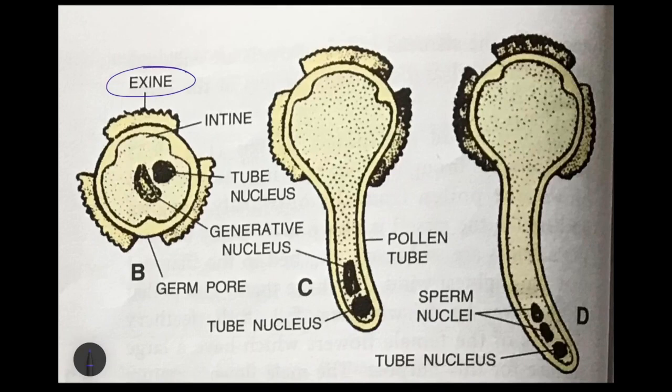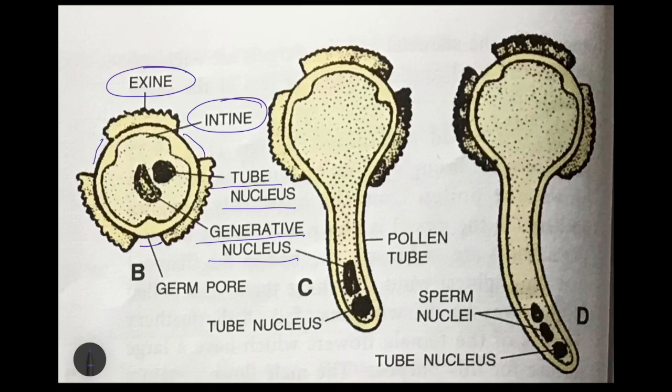Okay, and you can see the inner wall is known as the intine. And in between the outer wall, there are gaps. The nucleus is already divided into two. One is known as the tube nucleus and the other one is known as the generative nucleus.